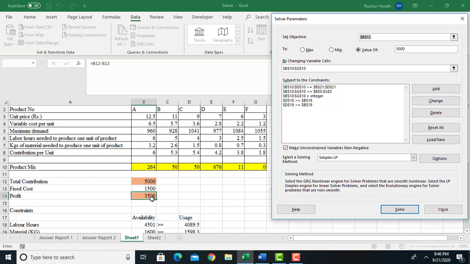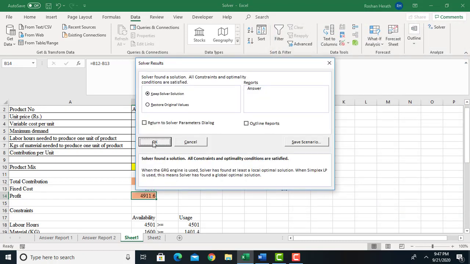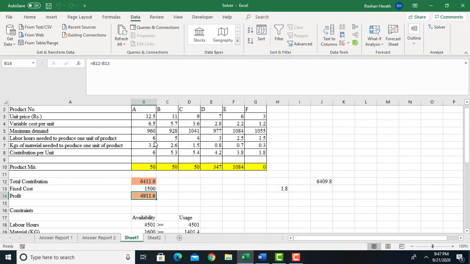Yeah, you have replaced it. And what you want to do, you do not want to make it equal to a certain value, but you want to maximize the profit. So take it max. The same changing variable, same constraint, and say solve. Keep solver solution, say OK.